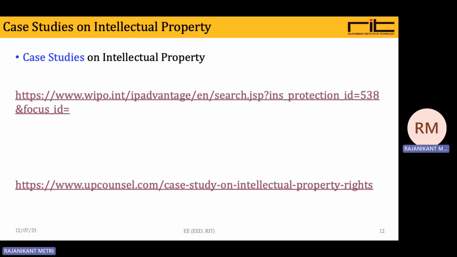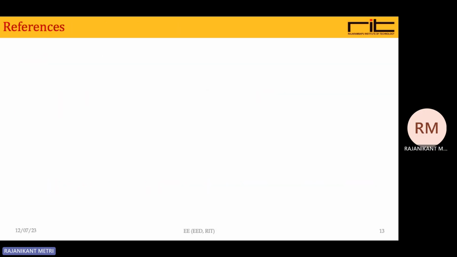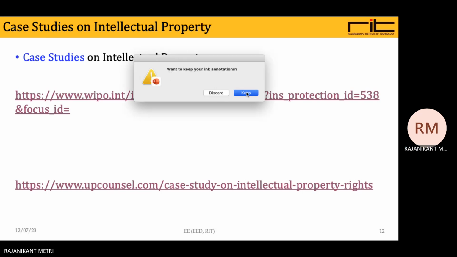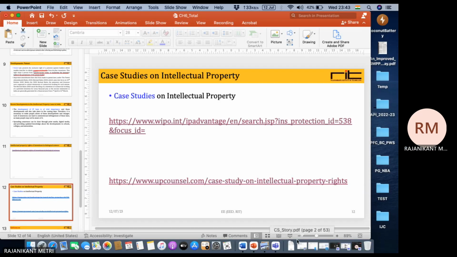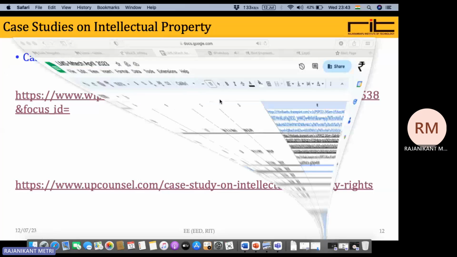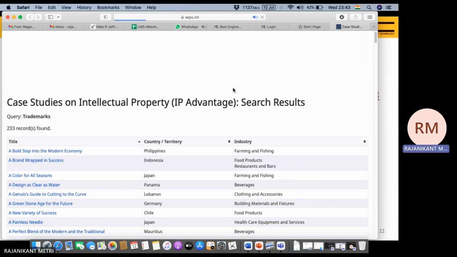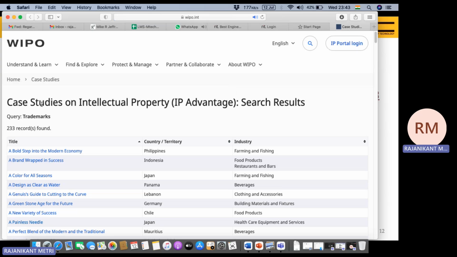Here we will see some case studies on intellectual property. This is the official website of WIPO. So here you can see case studies on intellectual property.